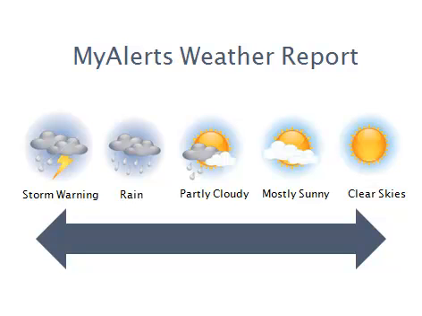The MyAlerts Weather Report ranges from clear skies at one end of the spectrum to storm warning at the other end. Instead of giving you all of the technical background on why the market's heading in one direction or the other, we've decided it's a whole lot easier to provide you with a simple to understand signal on a monthly basis. So what's the indicator say for the month of April?